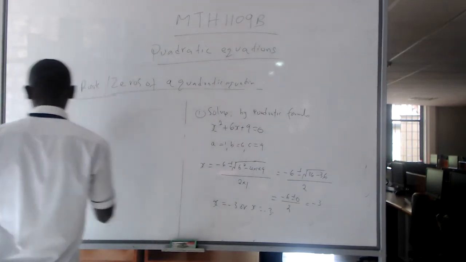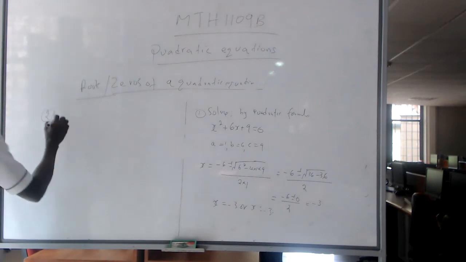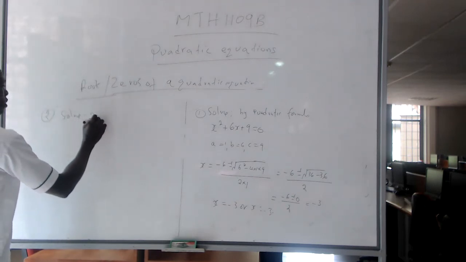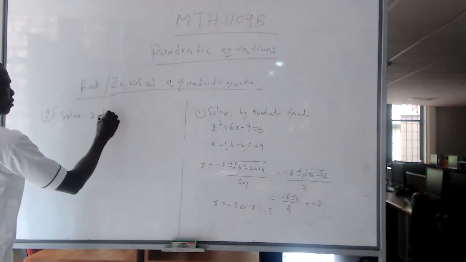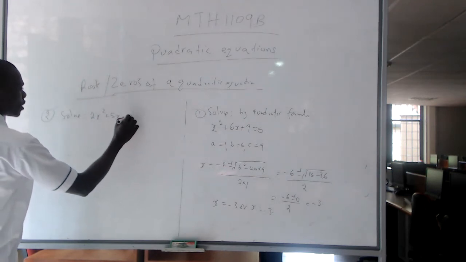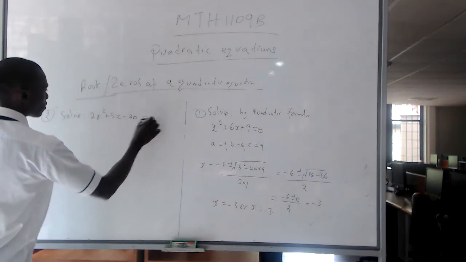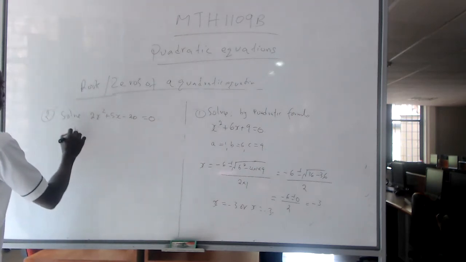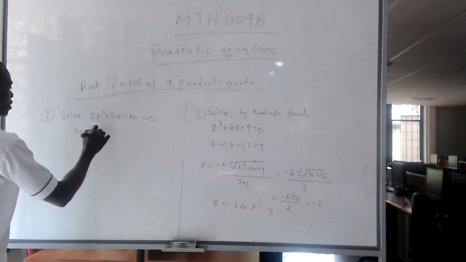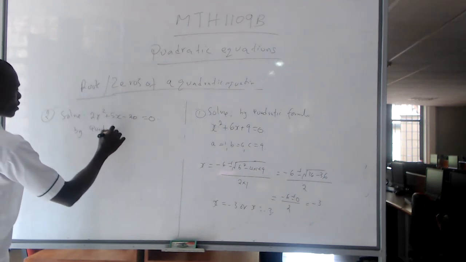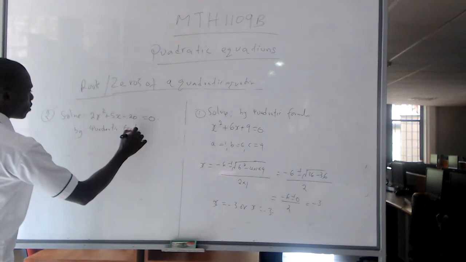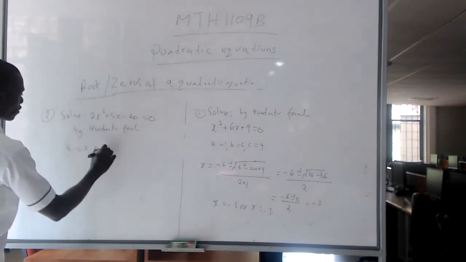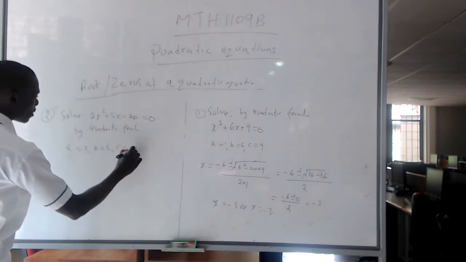Okay. So that's the first example. Second example. Solve 2x squared plus 5x minus 20 is equal to 0 by the quadratic formula. So straight away, a is 2, b is 5, c is minus 20.